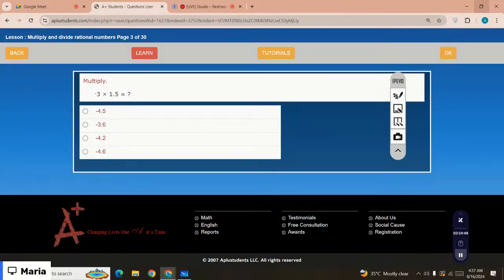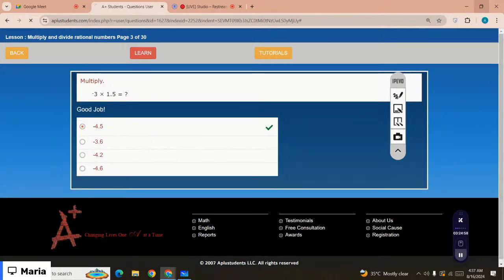Option number 1 is the correct option. 3 times negative 3 times 1.5 is negative 4.5. Option number 1 is the correct option. Very good.